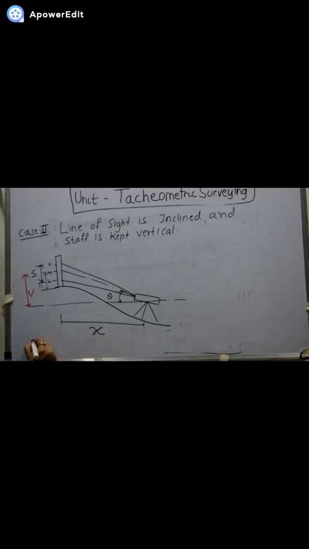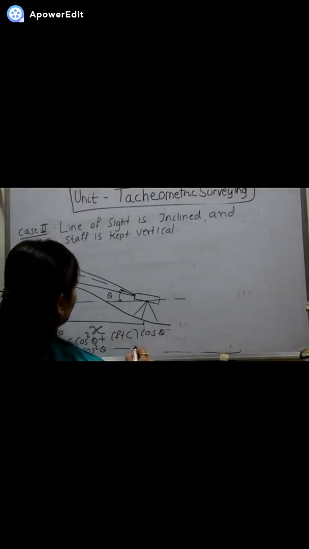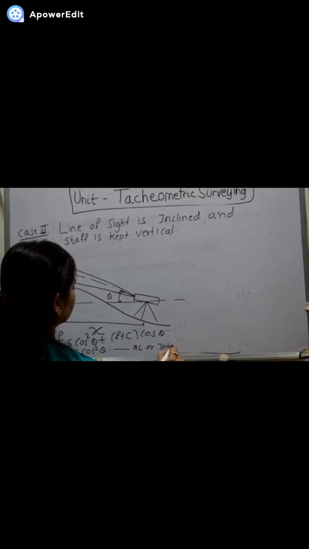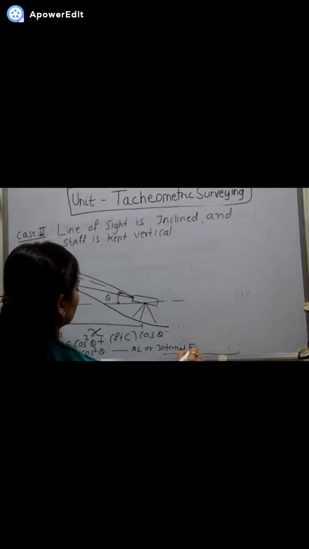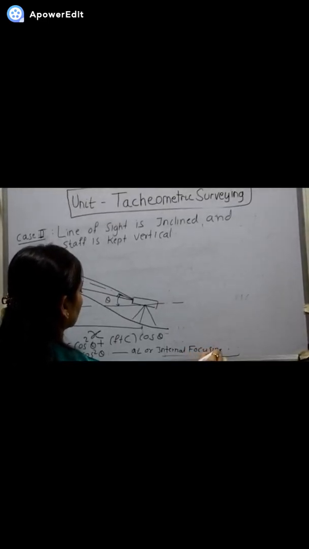Now the formula of horizontal distance is given as x is equal to L. So x is equal to F by I S cos square theta plus (F plus C) cos theta, or x is equal to F by I S cos square theta. This is for analytical lens or for internal focusing tachometer.